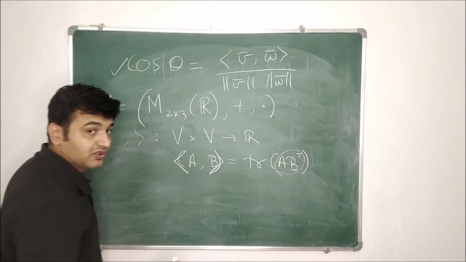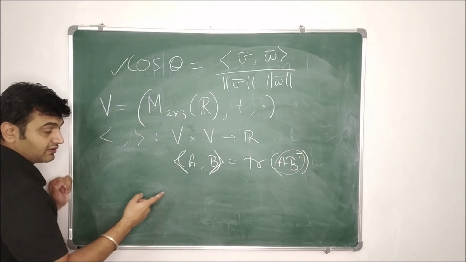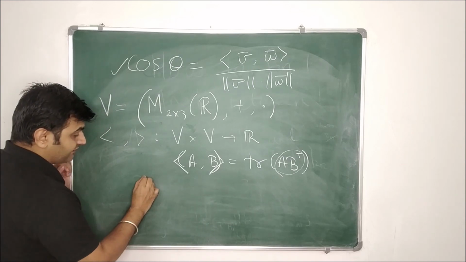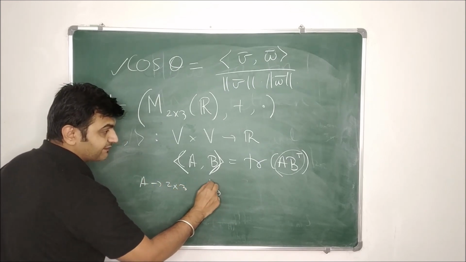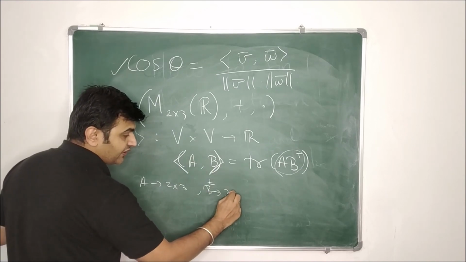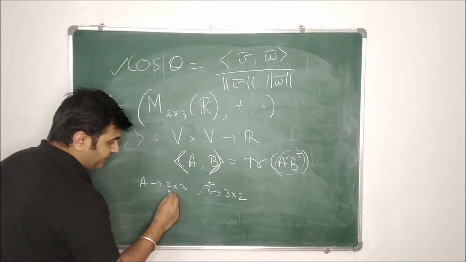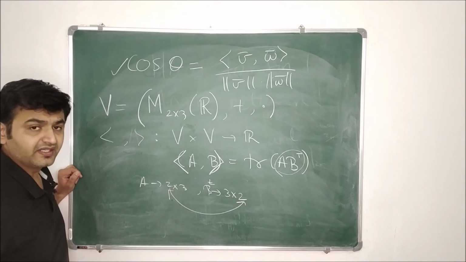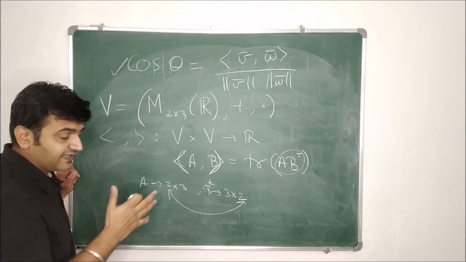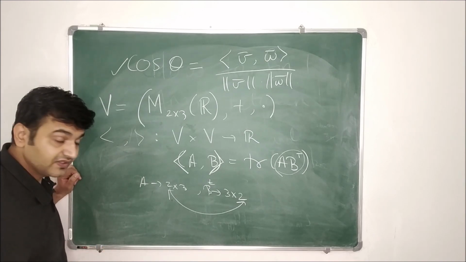Then only can you talk about the trace. Yes, it's a square matrix, because A is a matrix of order 2 cross 3 and B transpose is a matrix of order 3 cross 2. So when you do A B transpose, you get a matrix of order 2 cross 2. It's a square matrix, so trace makes sense. That's the first thing to observe.